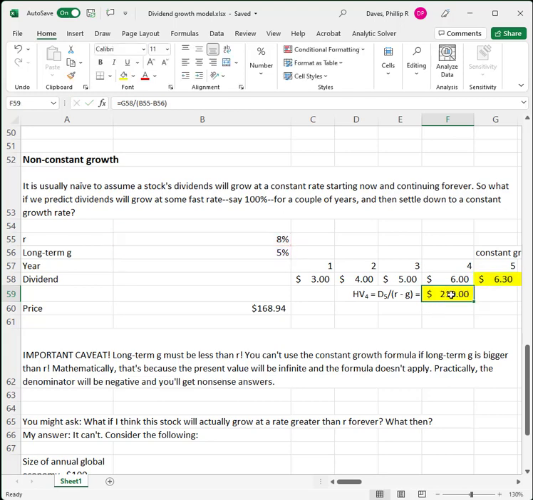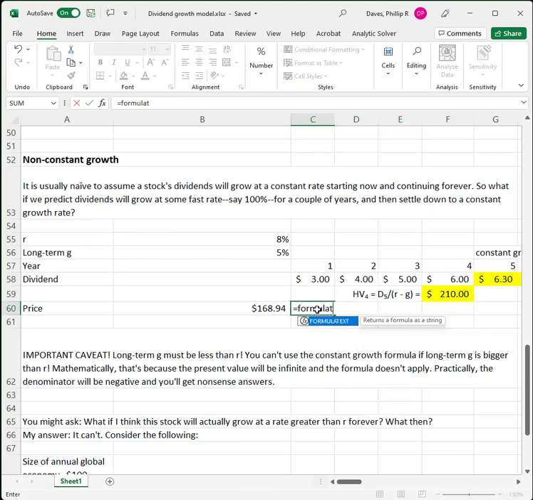This gives us the present value of everything in yellow. And if we want to know now the price of this company that's going to grow at a really fast growth rate for 4 years, and then after that settle down and grow at a sustainable long-term growth rate, let me give you the formula here and talk about it.